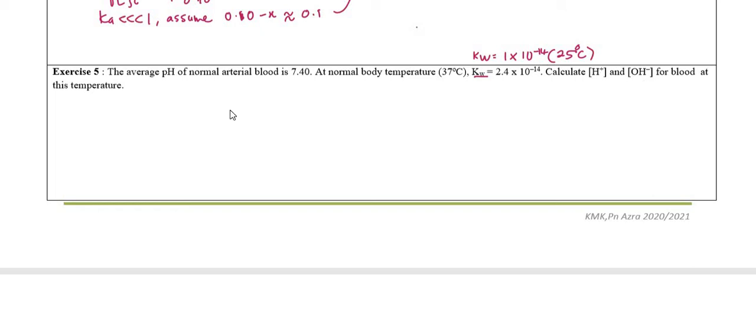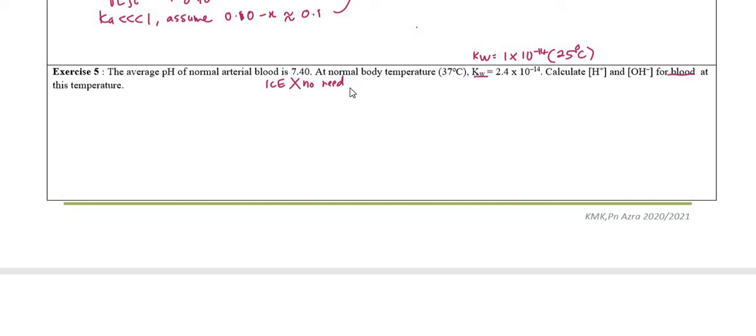Okay, first of all, you kena tanya diri kamu dulu, perlu tak saya nak buat ice table? Jawapan dia tak perlu. Okay, no need. Sebab kita tak merujuk kepada weak acid ataupun weak base. Kita merujuk kepada blood at this temperature, blood di dalam badan kita. Okay, so bila tak merujuk pada acid ataupun base, weak acid ataupun weak base, tak perlulah nak buat ice table.